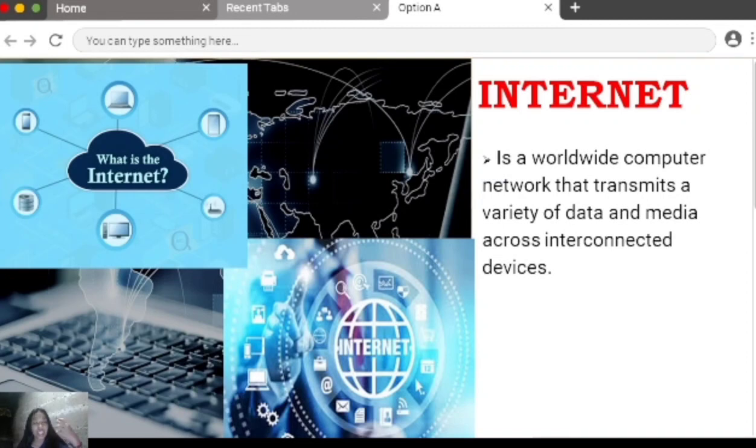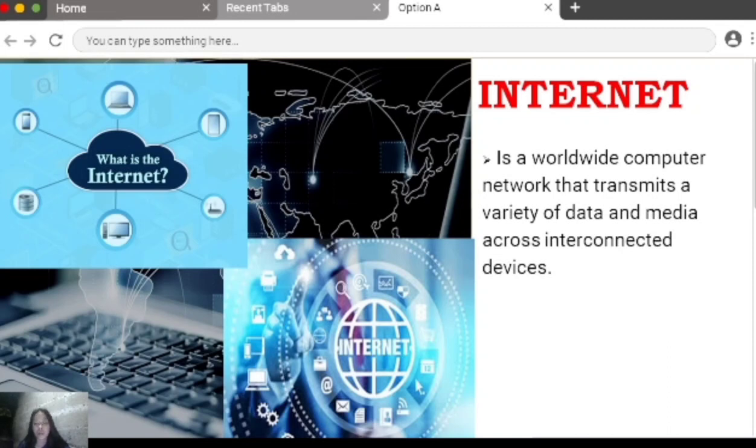In fact, the word internet came from the concept of interconnected networks. There are two main concepts that are fundamental to how the internet works, or its function. These are the packets and the protocols.